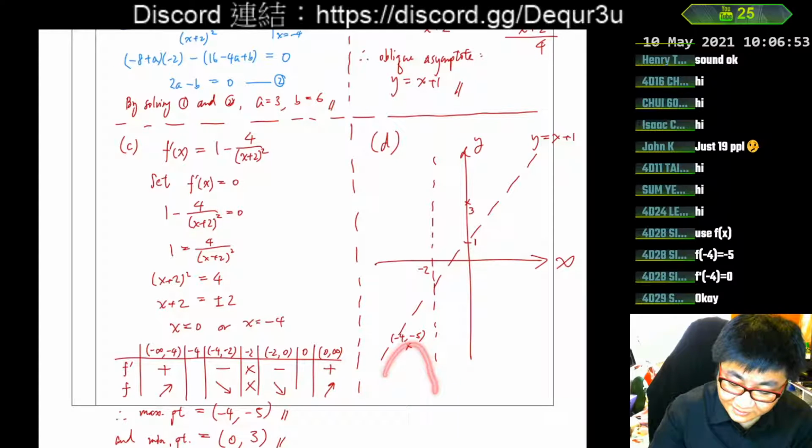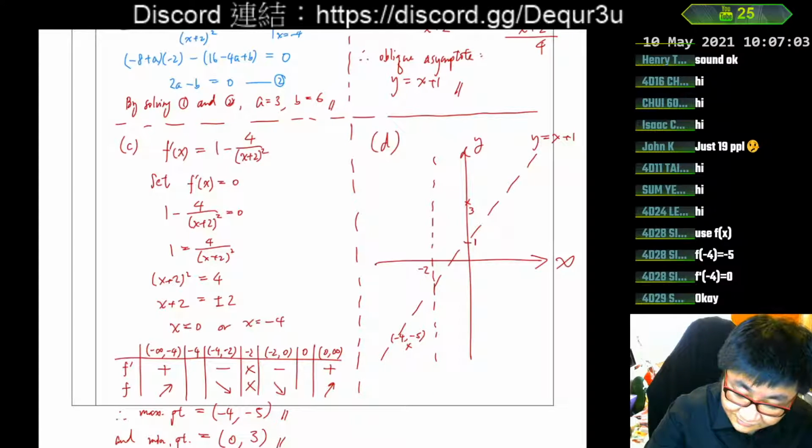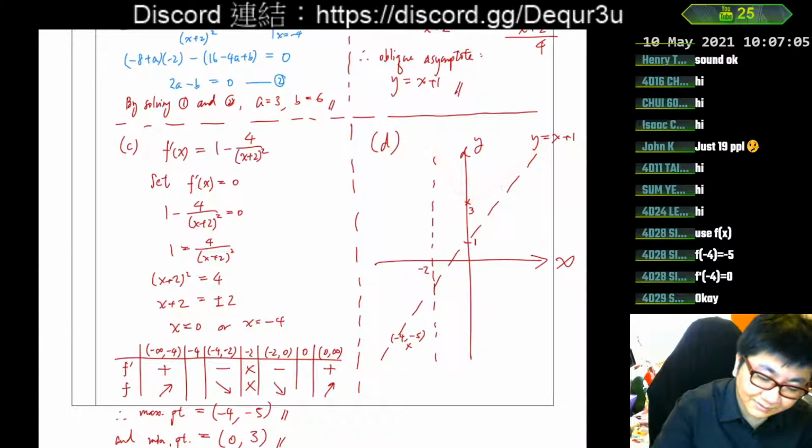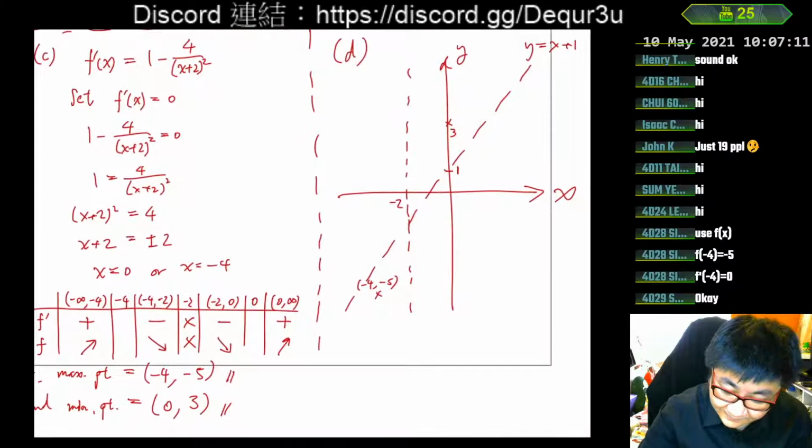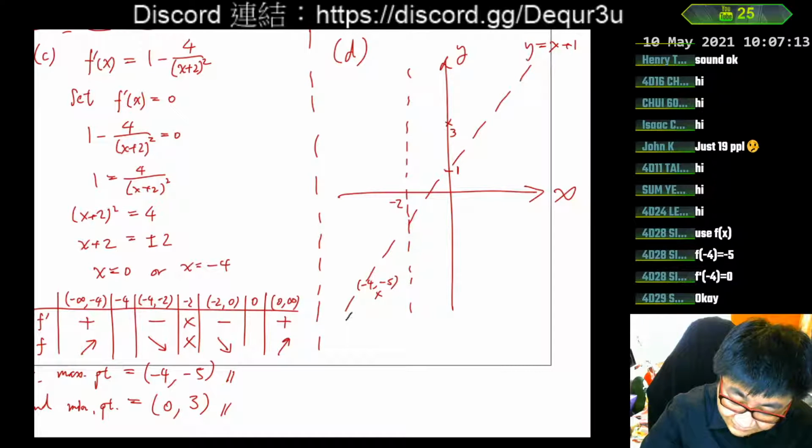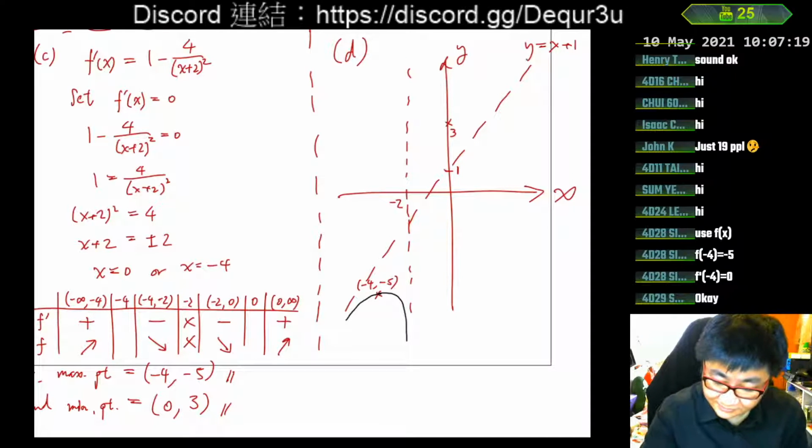Something like this. And also note the meaning of asymptote. The graph should be going nearer and nearer to the asymptotes. So it is increasing and then decreasing. While this minimum point, decreasing and then increasing, then we can complete the work. I try to put it in different colors to recognize easily, so I try to put it in black. So going nearer and nearer, and the maximum point, and then going nearer and nearer to the vertical one, it will be like this.